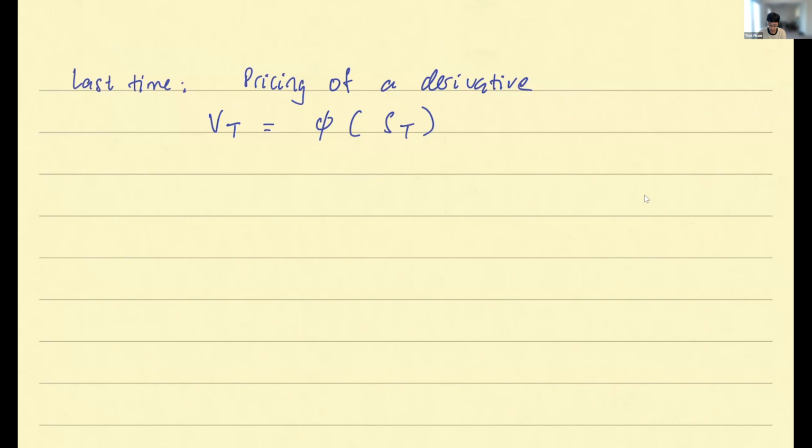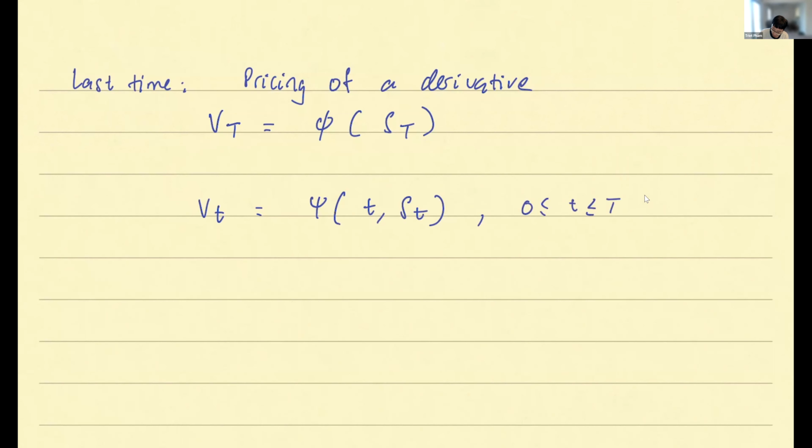So to make it easy, pricing is exactly to be able to map the value in the future into any time in the past.